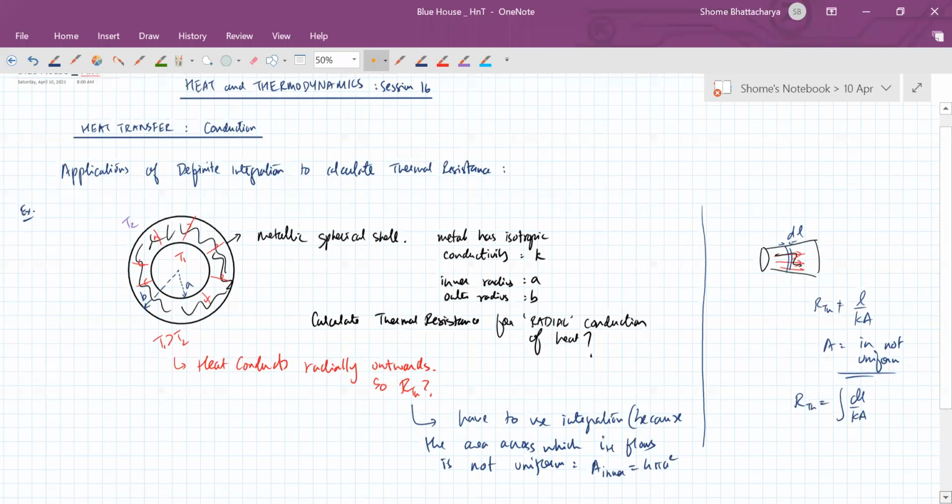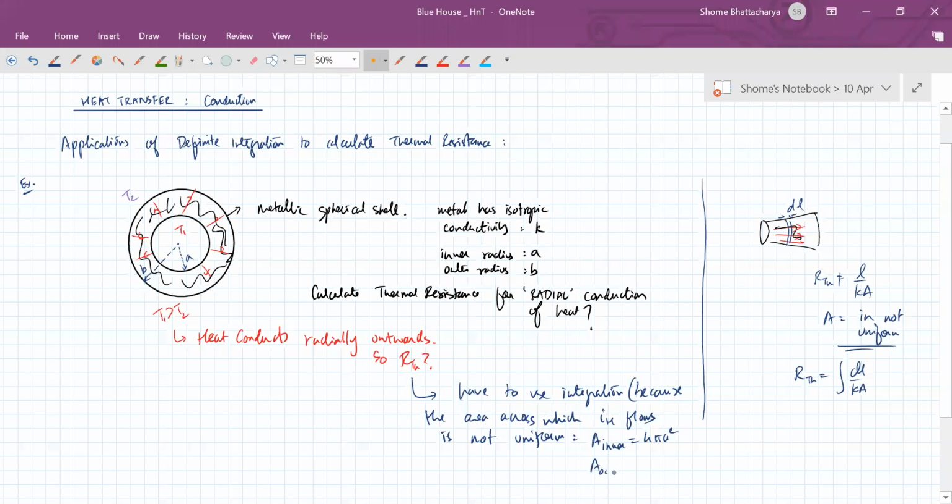The surface area at the outer surface is equal to 4 pi b square. So that means the area is continuously varying between 4 pi a square and 4 pi b square. Okay, so just based on this, try this out now. Try to understand how we will take the differential elements.